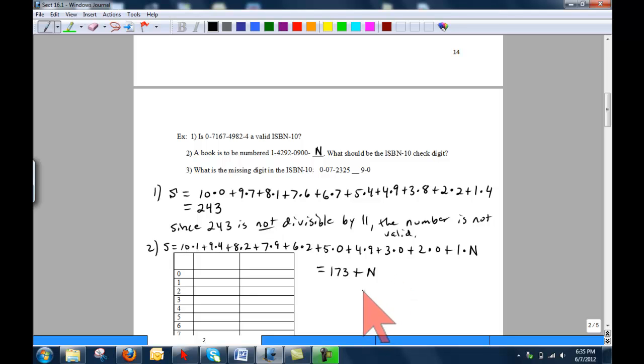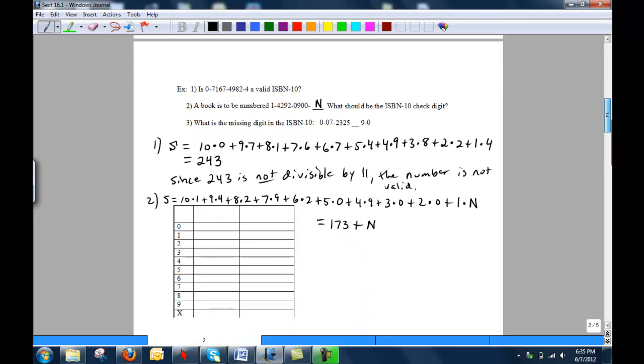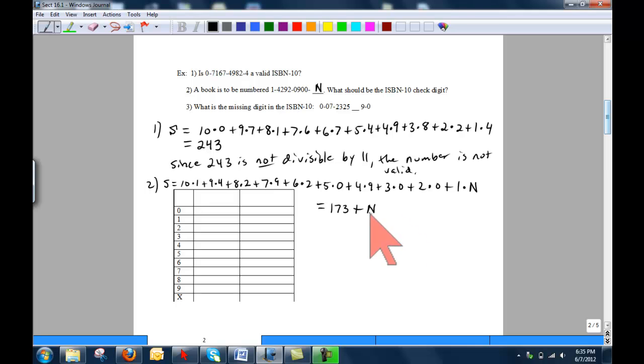Now, we need to choose the check digit so that this sum is divisible by 11. And there are only 11 possible choices. N could be 0, it could be 1, 2, up through 9, or it could be an X standing for the digit of 10. Let's make a table.